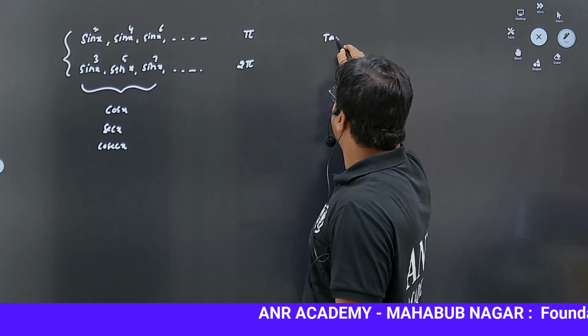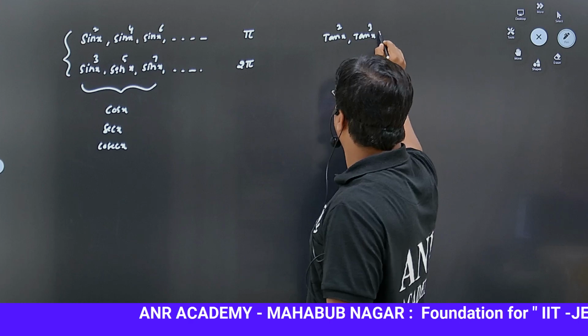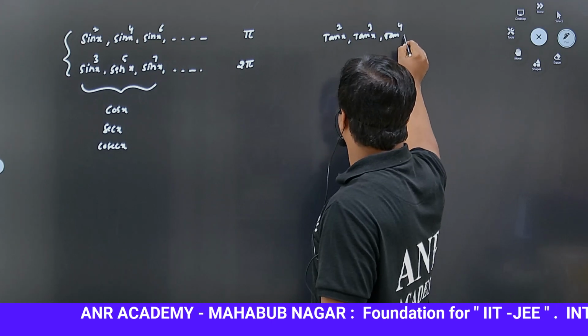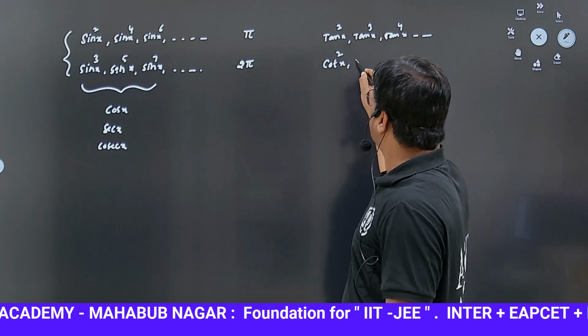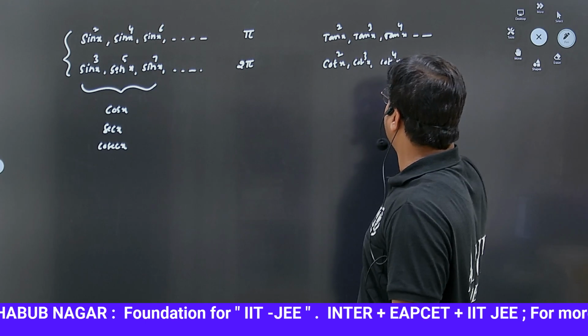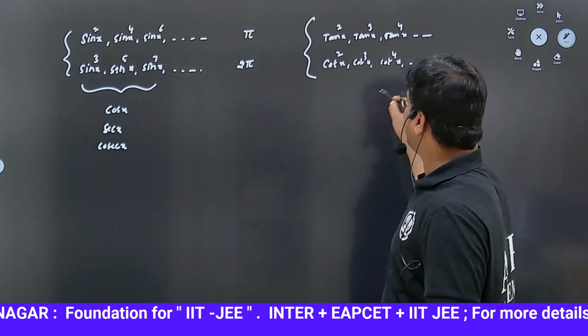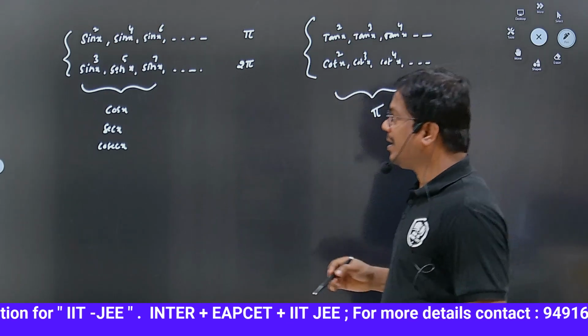Next, tangent. Whether the exponent is even or odd, whatever it is, tan and cot both, cot square, cot cube, cot power 4x and so on, whatever you have, the period is pi, remember.